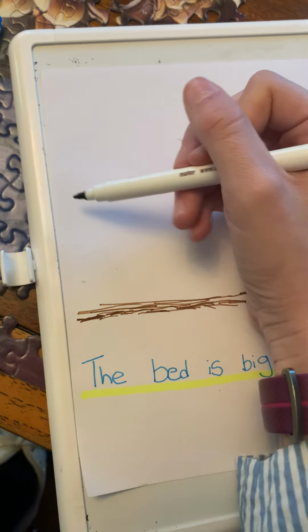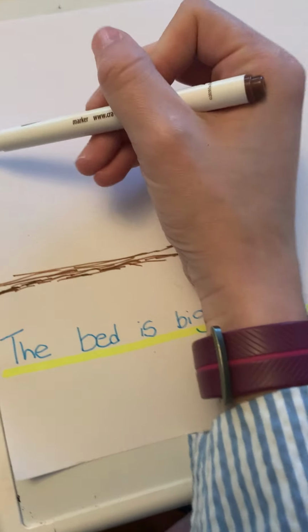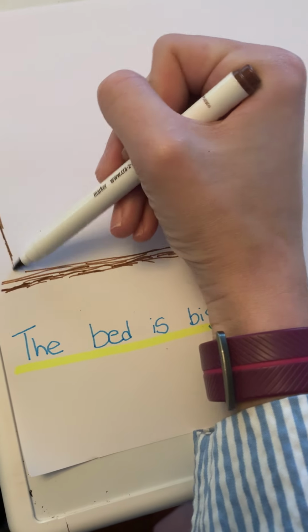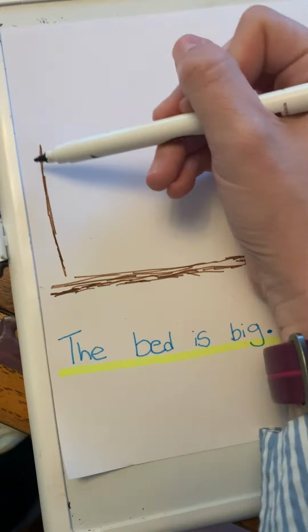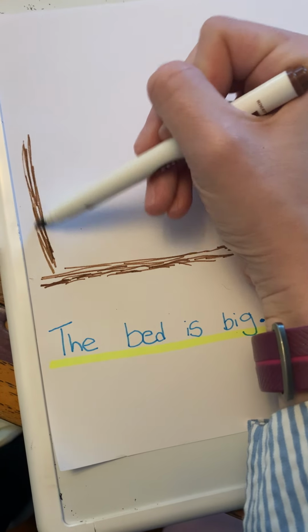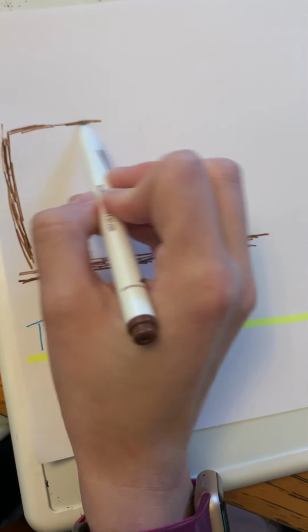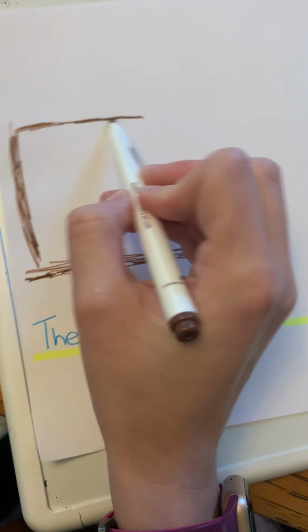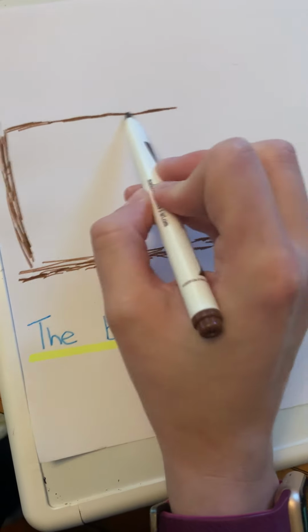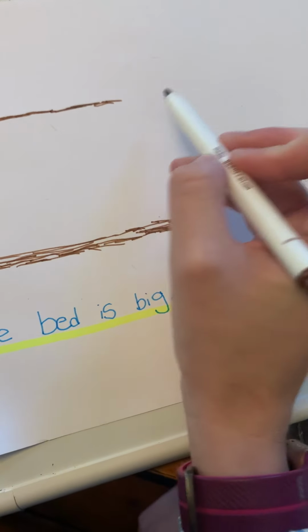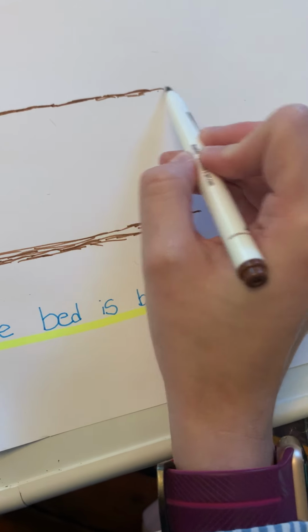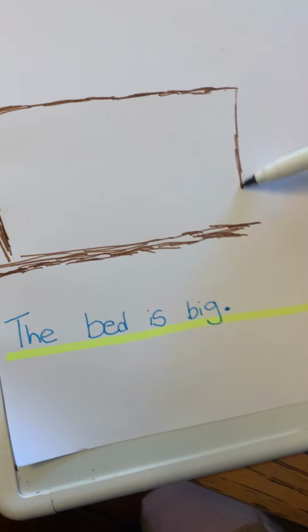We're gonna do some brown walls because if it's a log cabin, that means there's brown all around. Alrighty, almost there. Brown ceiling, brown walls, all brown, lots of brown.